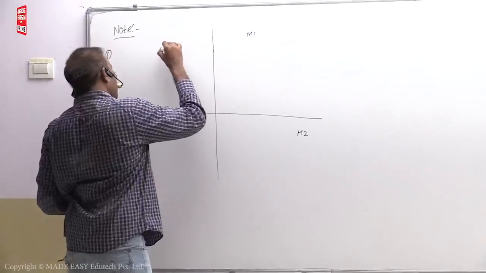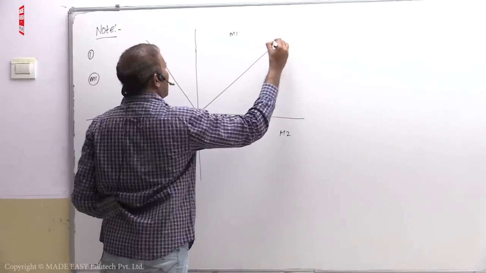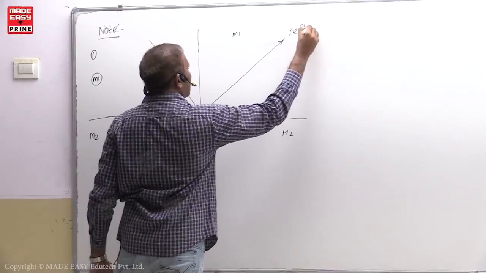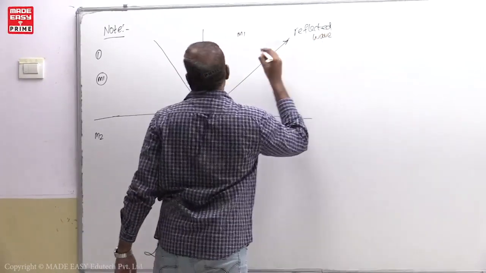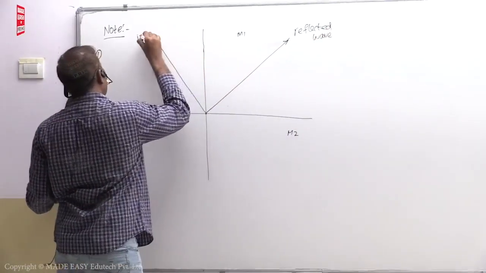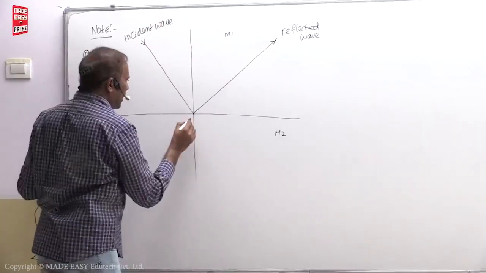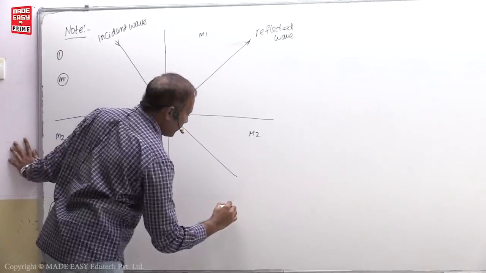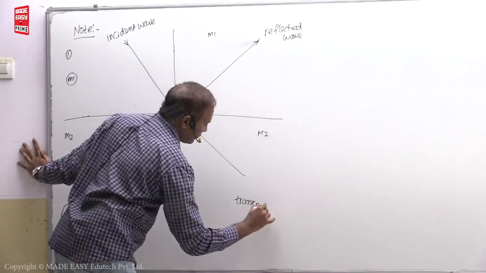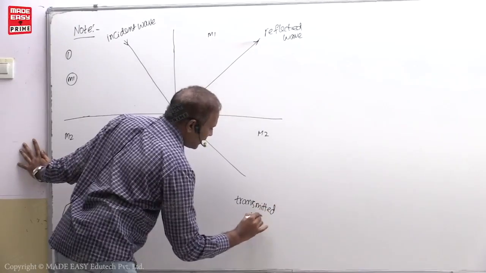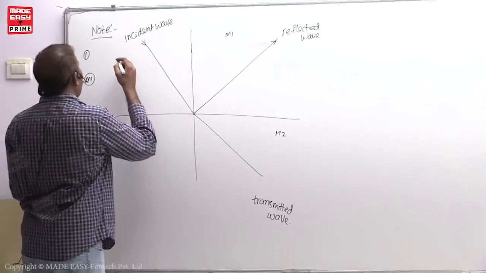Now if the incident wave is coming like this and the reflected wave is going like this, so this is a reflected wave, and this one is an incident wave, and of course this one is a transmitted wave.